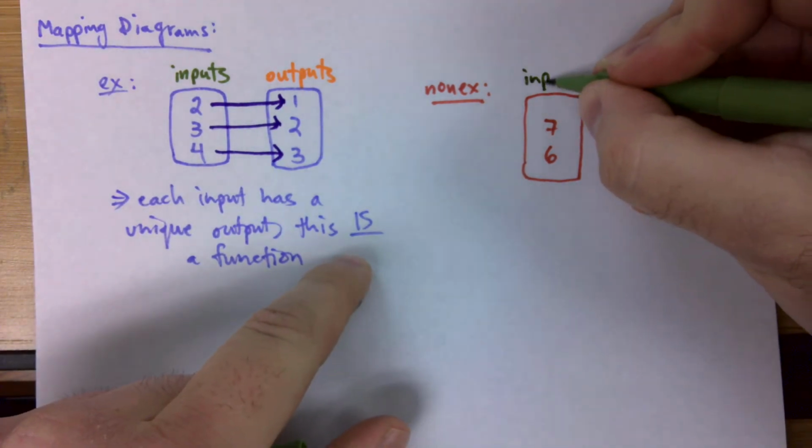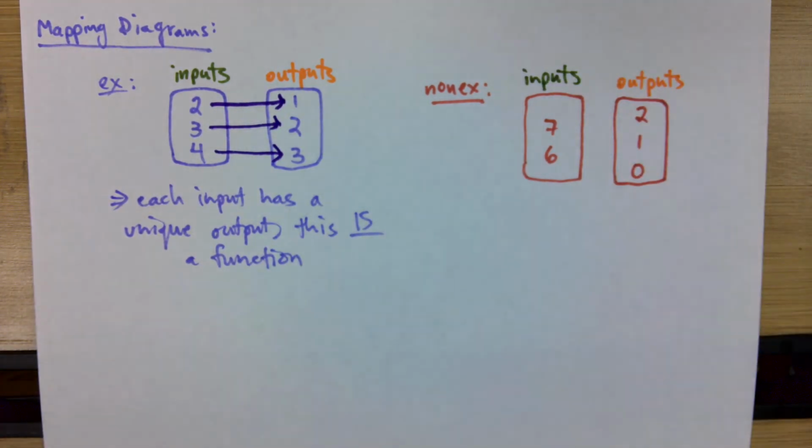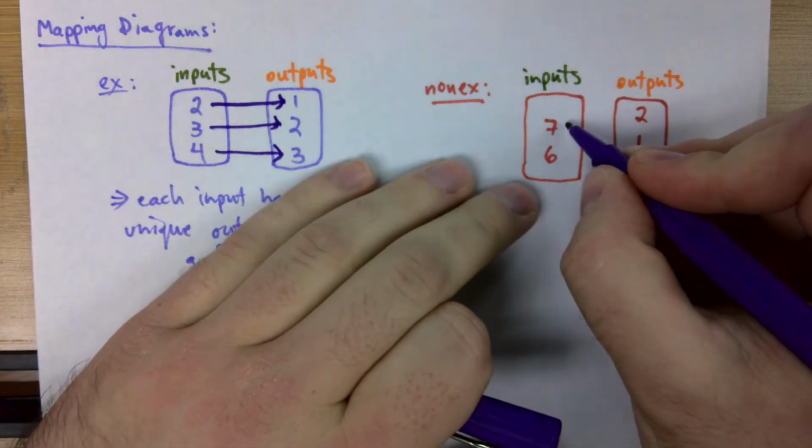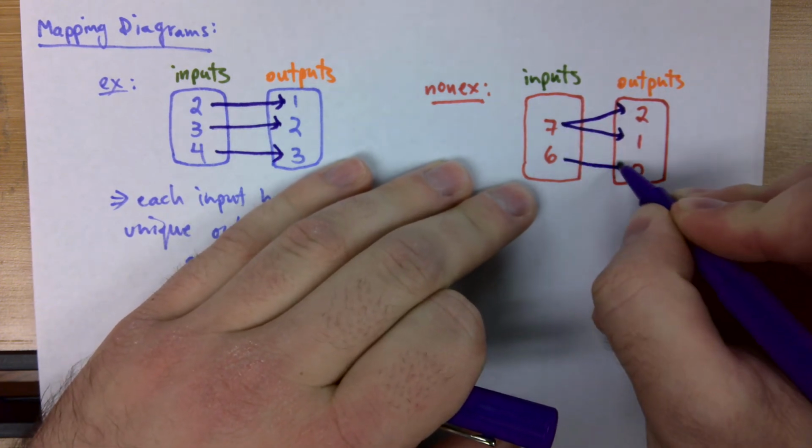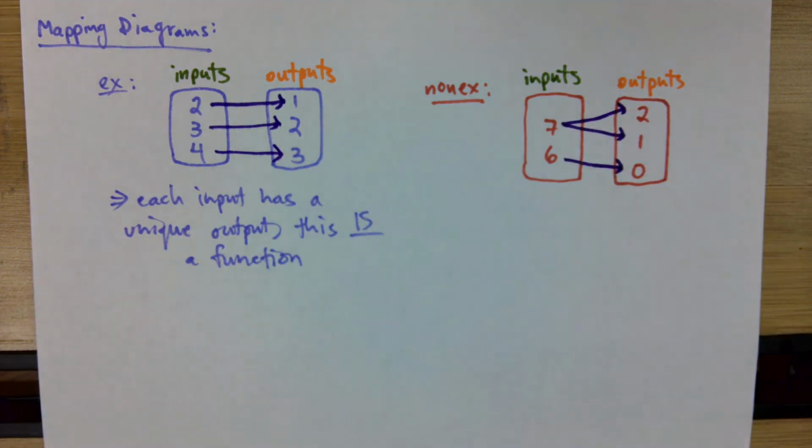Once again, with our inputs on the left, outputs on the right. And then we're going to map the 7 to the 2, the 7 to the 1, and the 6 to the 0. So just like that.